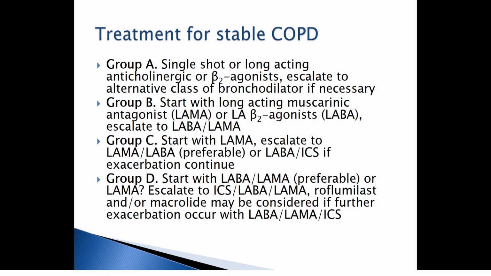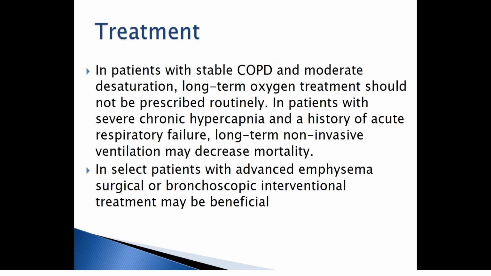Roflumilast can also be added. And in case of inflammation, if you suspect that there is infection, you may use antibiotics, mostly macrolide. And it is not alone, but in combination with LABA/LAMA and inhaled corticosteroids.